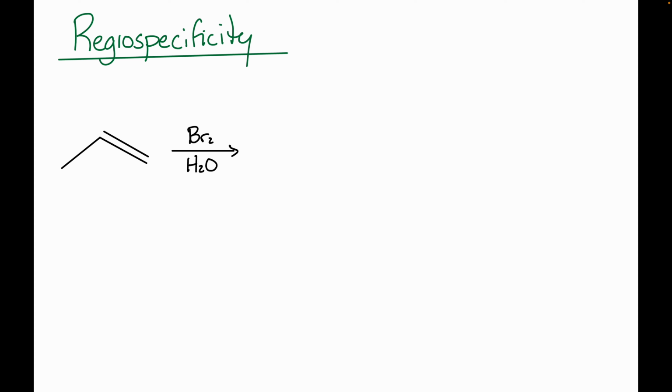I'm going to be lazy and not show the full mechanism here, but I am going to sort of show our intermediate, that cyclic bromonium ion intermediate.